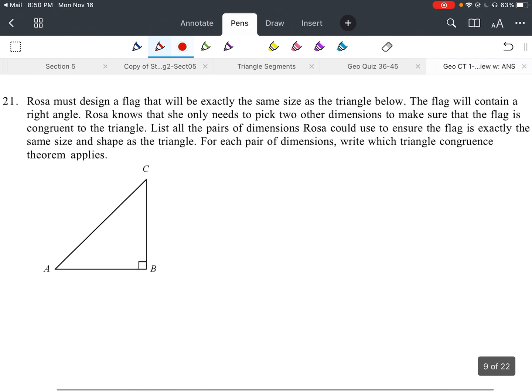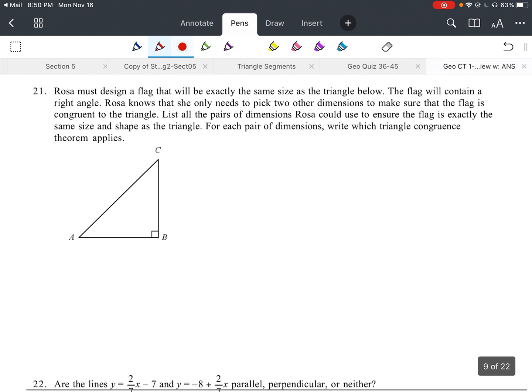Plus, that's not a Pythagorean triple. Pretty sure. All right. Rosa must design a flag that will be exactly the same size as the triangle below. The flag will contain a right angle. She knows that she only needs to pick 2 other dimensions to make sure the flag is congruent to the triangle. List the pairs of dimensions Rosa could use to ensure the flag is exactly the same size and shape as the triangle.